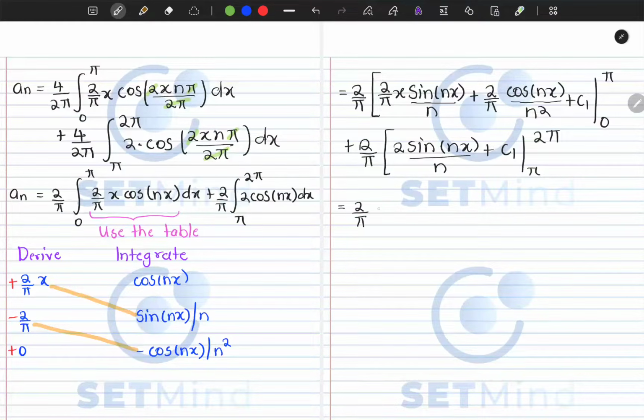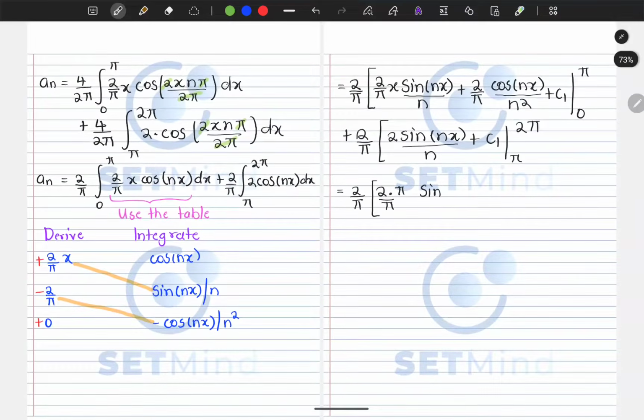So we have 2 over pi into, if you look carefully, we'll have 2 times pi and then divided by pi, and then this will be sine of, wherever we see x, we are going to put pi now. So this will be n pi, and this goes back to notes which I wrote for you earlier that are going to be very useful when we start doing our simplification.